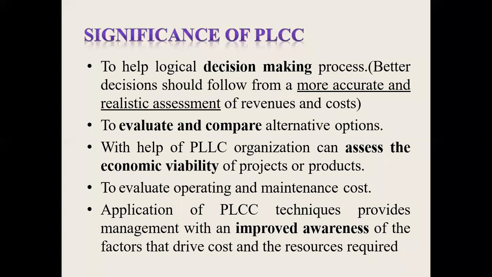Is it right? So operating and maintenance cost may be more, and also the salary of the worker or the machine operating cost and maintenance cost. So we can evaluate in a little better way, and we can reduce the cost at those particular points also.